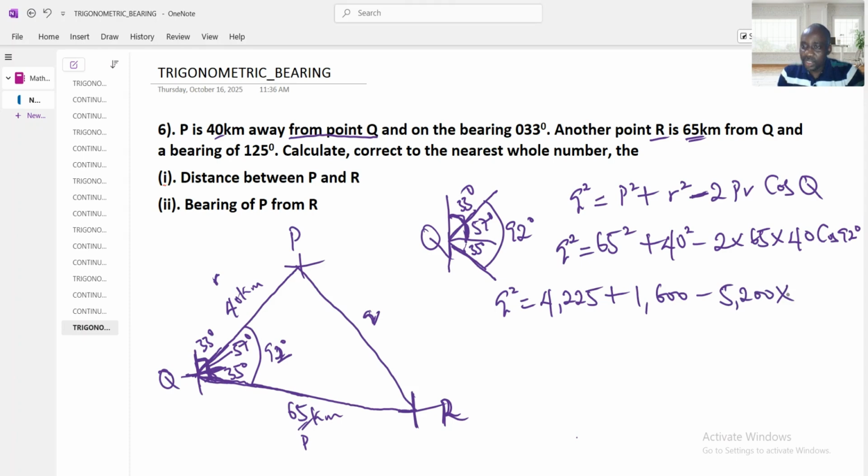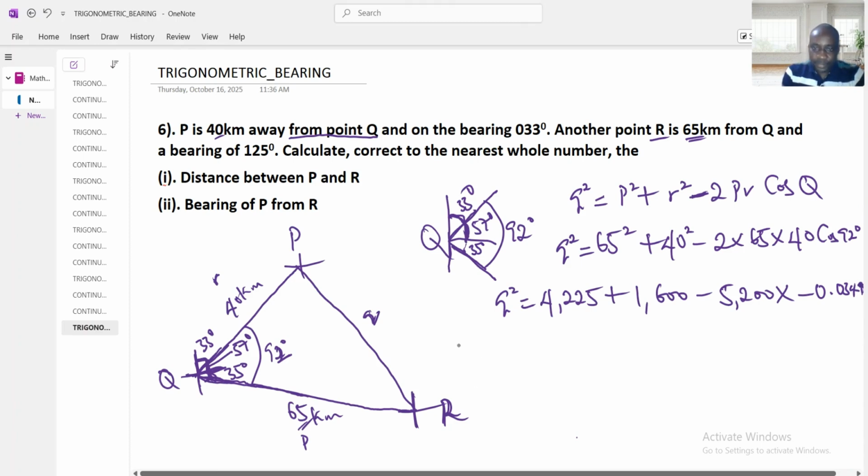What is cosine 92 degrees? It's going to give me negative 0.03449. Therefore, let's continue.